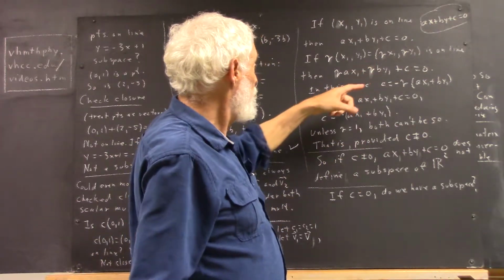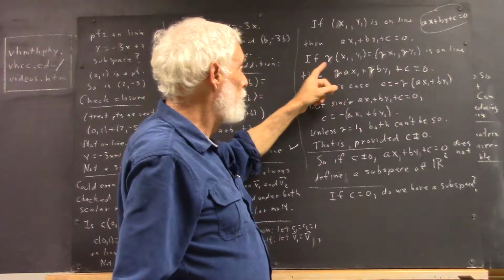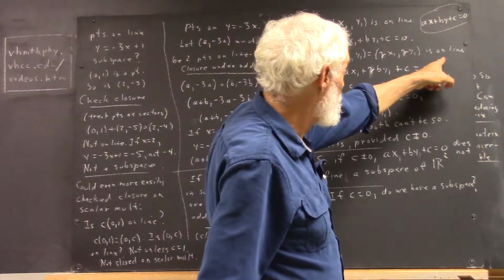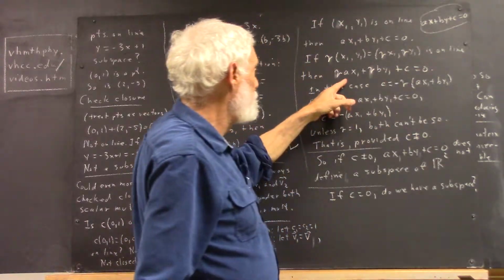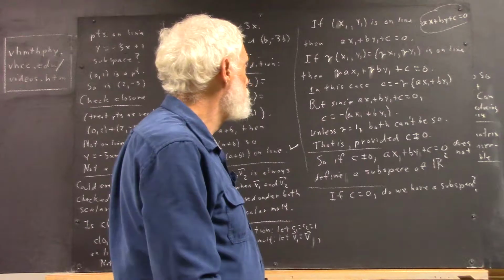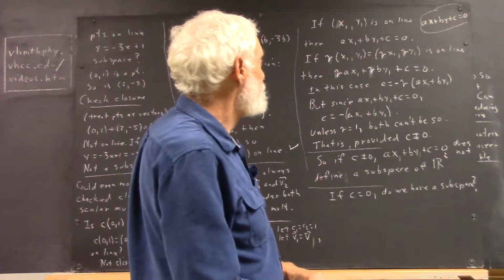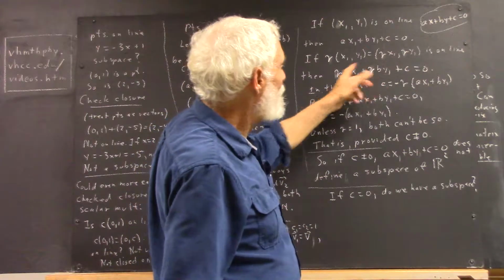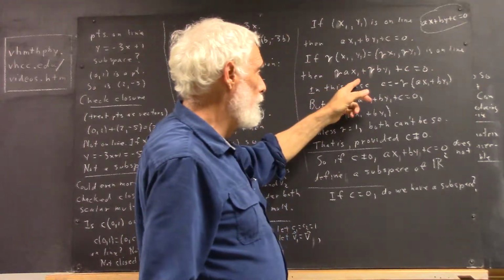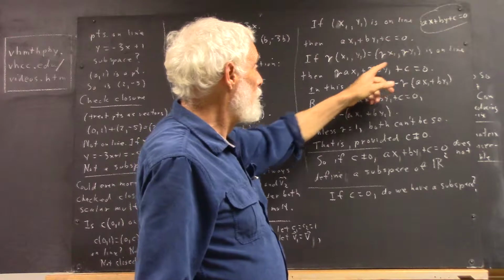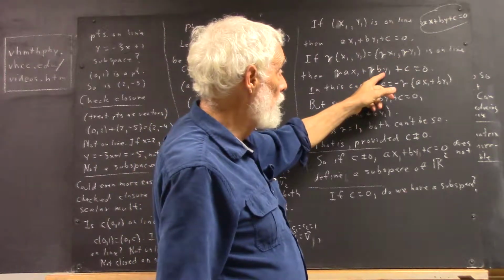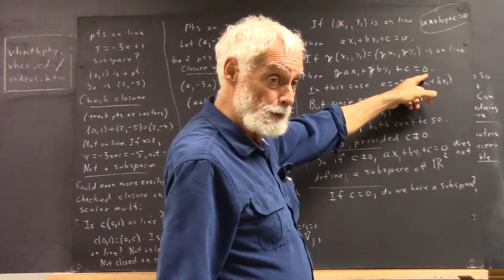Now the question: is that on the line? If this is on the line, then A times gamma x1, which I wrote as gamma Ax1, and B times gamma y1, which is gamma By1, plus C equals 0, right?